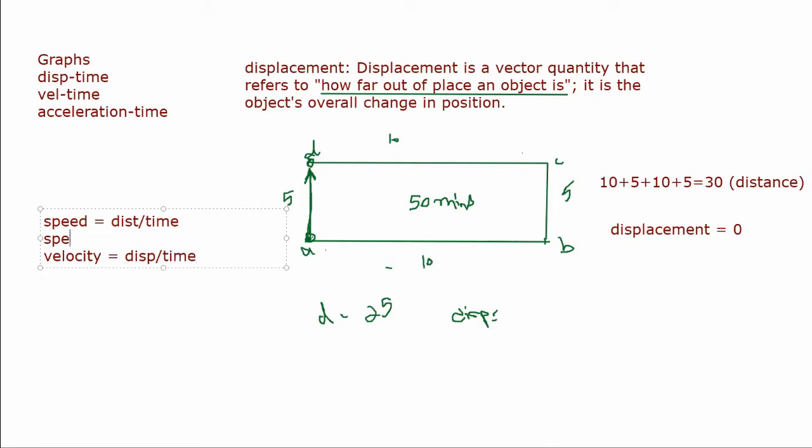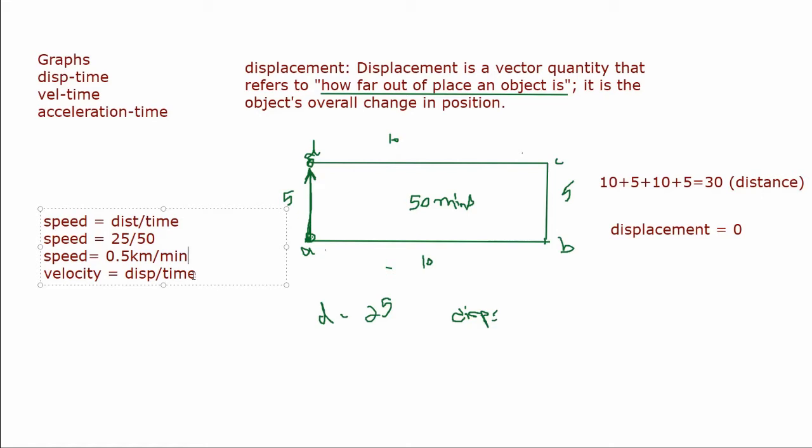So in this case, the speed would be, the distance is 25 and the time it took is 50 minutes, so the speed will be 0.5 kilometers per minute, because the time we have taken is in minutes. We can convert it into hours.